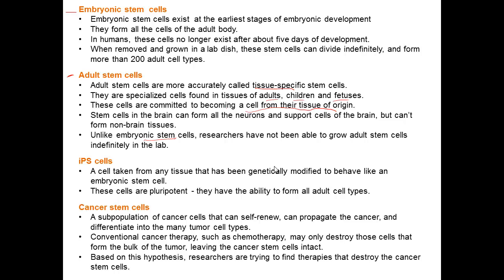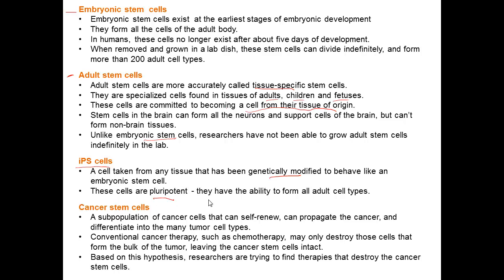A third type of embryonic-like stem cell is an iPS cell. These are called induced pluripotent stem cells. This is the Nobel Prize-winning research from just a few years ago, in which an adult cell, in the cases, I think, either fibroblast or epithelial cells, were genetically modified, and they revert to a pluripotent state like an embryonic stem cell.